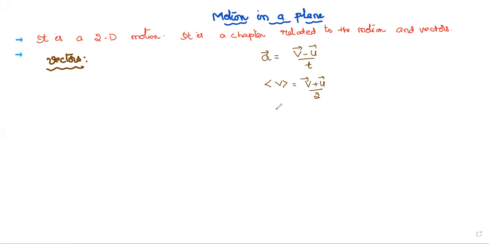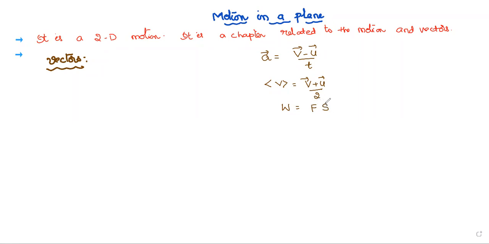Suppose from lower standards, if we recollect multiplication, from 10th class or 9th class, the work done, how to calculate. Then usually we say force into displacement, the product of force and displacement.